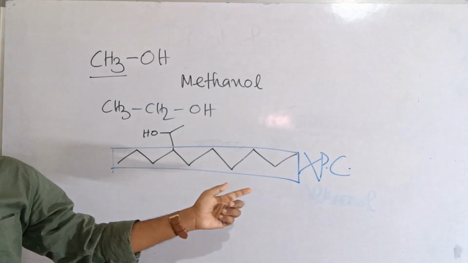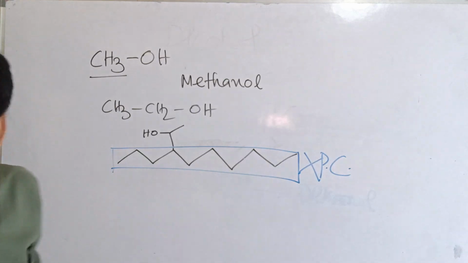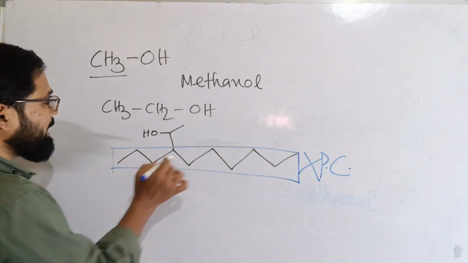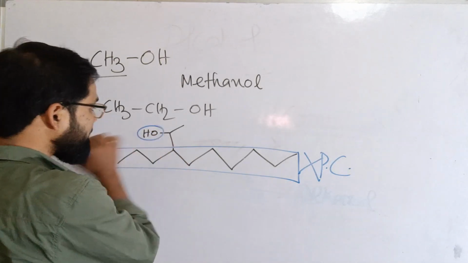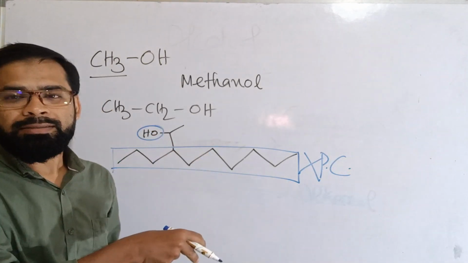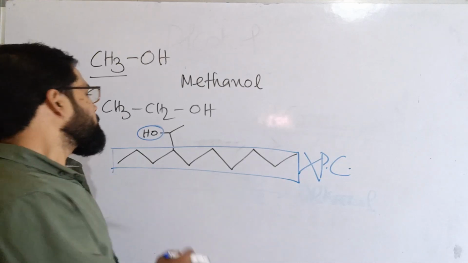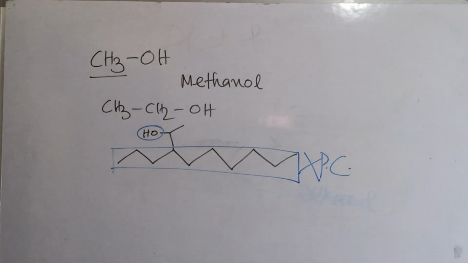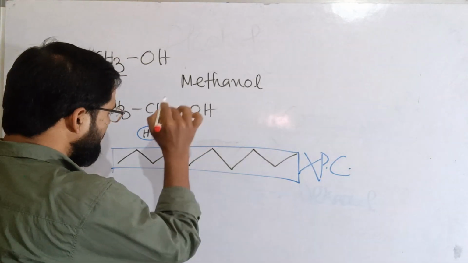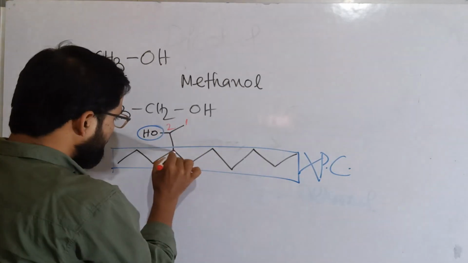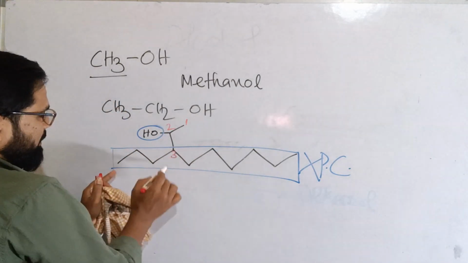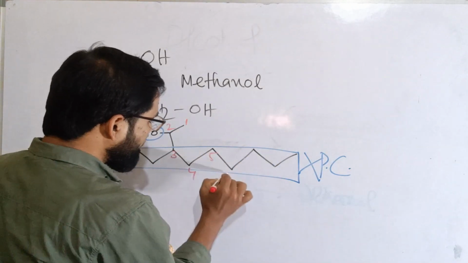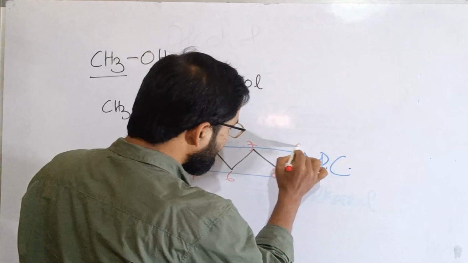Okay? So when a functional group is there, at that time we have to consider that functional group in the parent chain. So here the parent chain will be 1, 2, 3 if you go in the left direction, 3, 4, 5, 6, and if you go in the right direction, 4, 5, 6, 7, 8, 9.